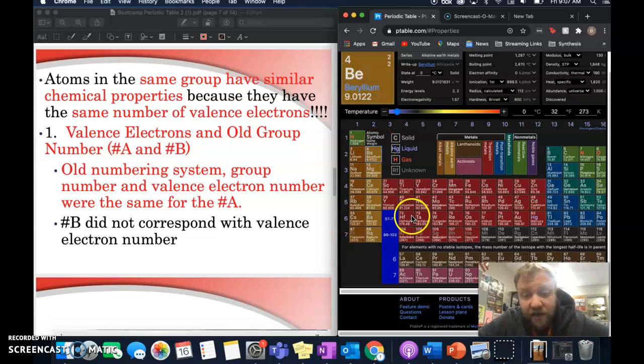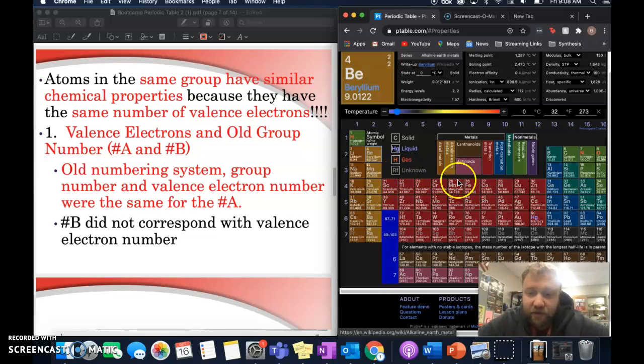Where it gets tricky is from group 3 to 12, it's a toss-up. Depending on what version of the metal you have, you can have multiple valence electrons, depending on what type of iron you have. Do you have iron 2, iron 3? We'll go over more of that once we get into ions next unit.